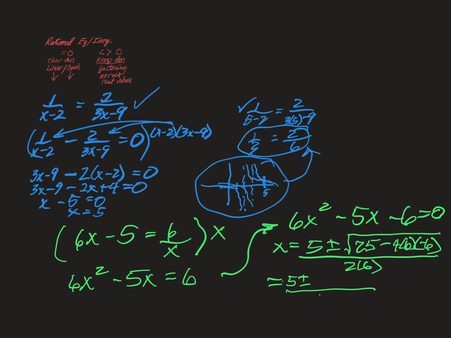This will be over 12. So yeah, it's the square root of negative 119, which is a complex root. So this one didn't factor, and in this case, we got complex roots, i square root of 119 over 12. Now, I'm hoping I didn't make a mistake there. Looking.